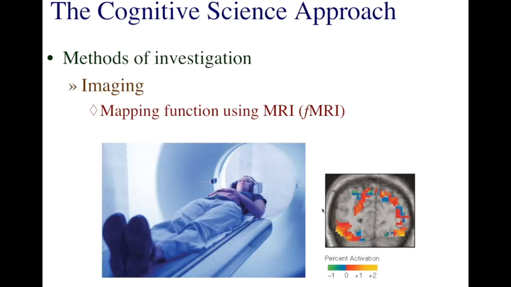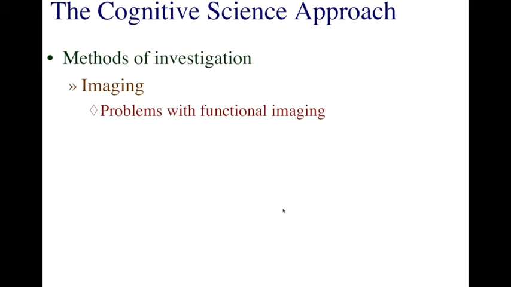So here's an fMRI image of a brain, and what's typically done is areas of activity are given these nice color shading, so we can determine which parts of the brain are very active and which parts of the brain are less or even inactive during some kind of cognitive processing. Functional magnetic resonance imaging has become hugely popular in cognitive neuroscience.